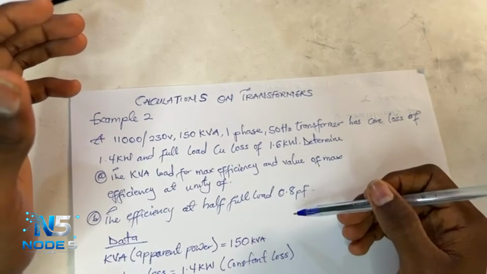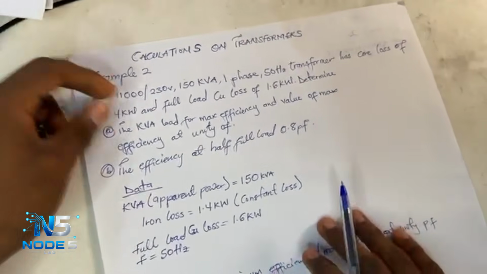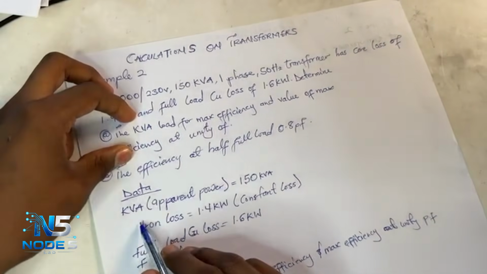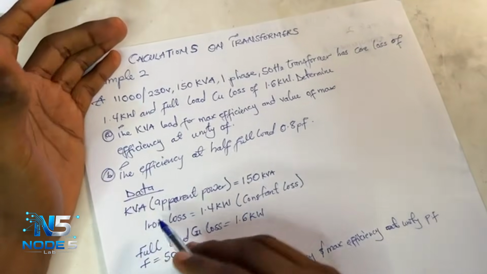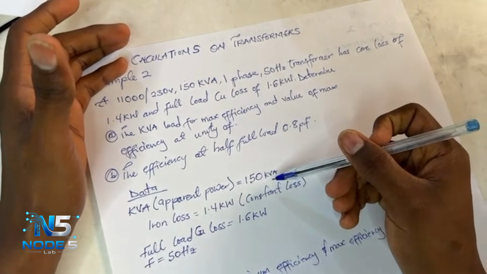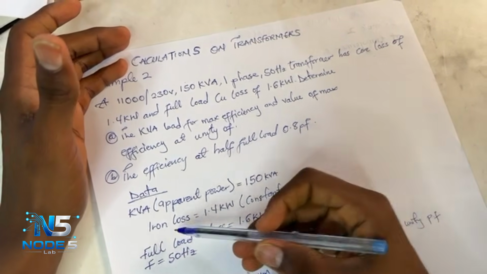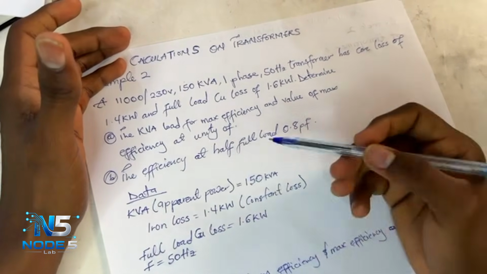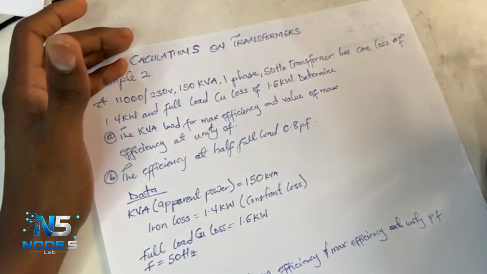So the first thing we have to do is to write our data. Our data is the kVA, which is the apparent power given to us in the question, 150 kVA. And the iron losses, that is the core losses, which are always constant.